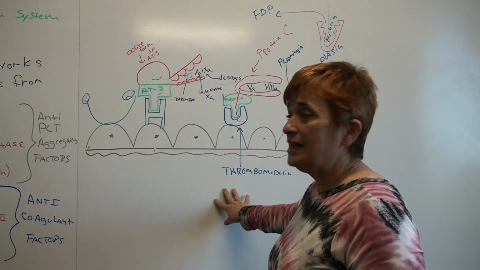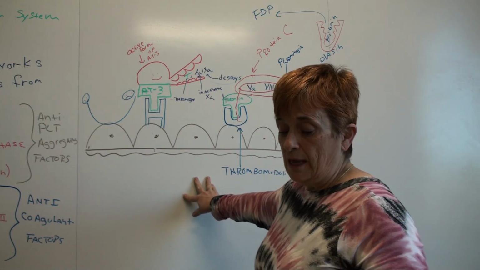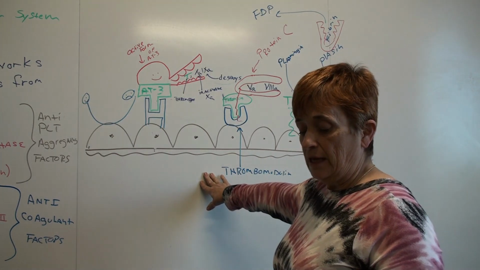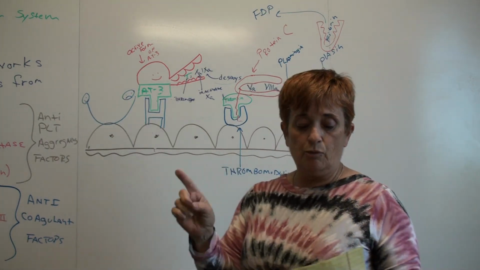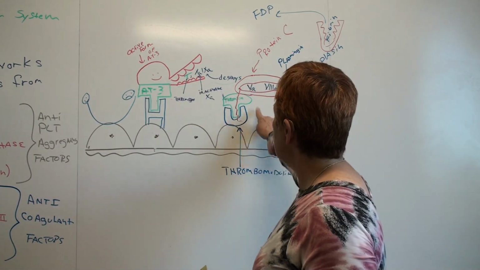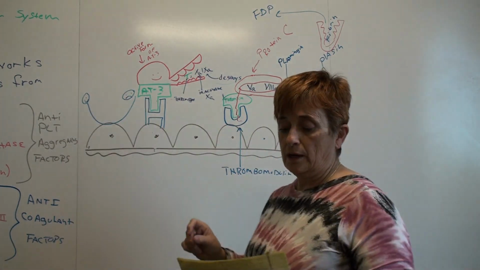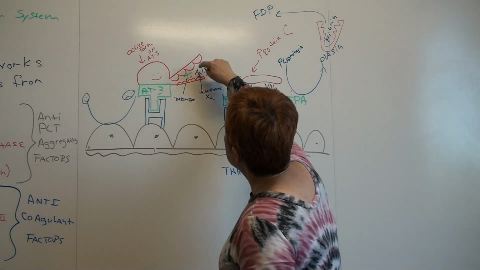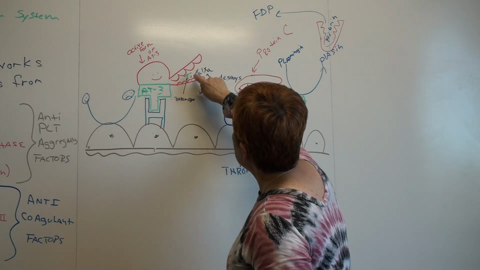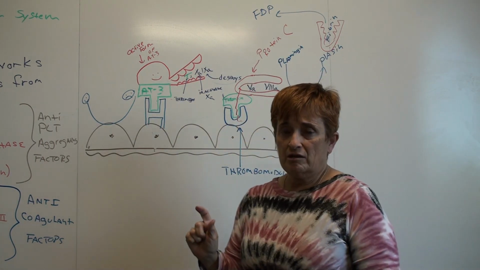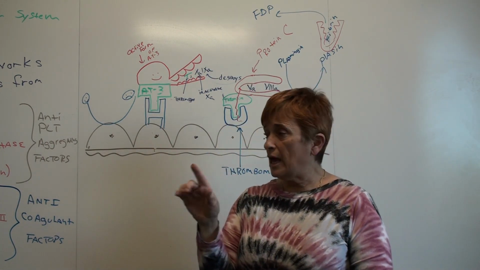So you can see that the healthy endothelium is so important. Healthy endothelium in the tissue is, number one, antithrombotic, antithrombin, and anticoagulant, because it stops my 10A, my 9A, my 5A, and my 8A. So again, I'm going to repeat that.